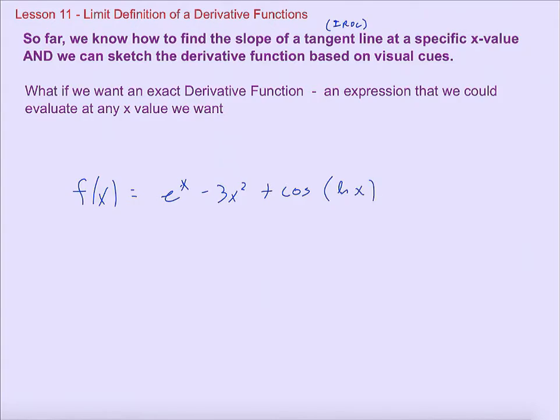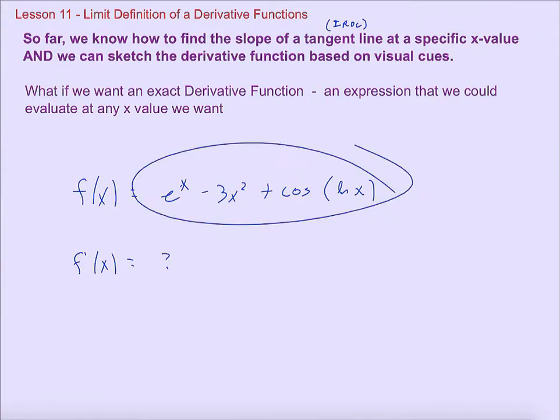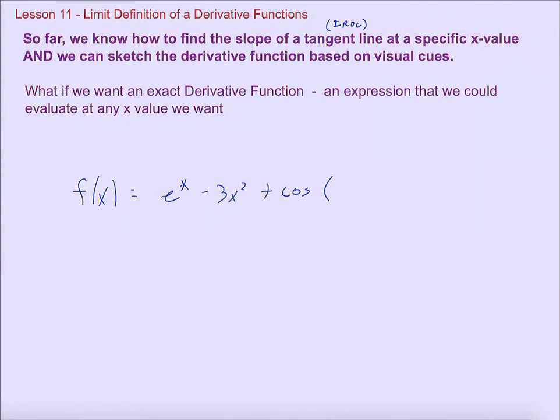That's a crazy looking function. What if I wanted a derivative function where all you had to do was tell me an x value and I could plug it into some expression and find the instantaneous rate of change of this crazy weird function at any value for x? Well, that's what we're going to do now.